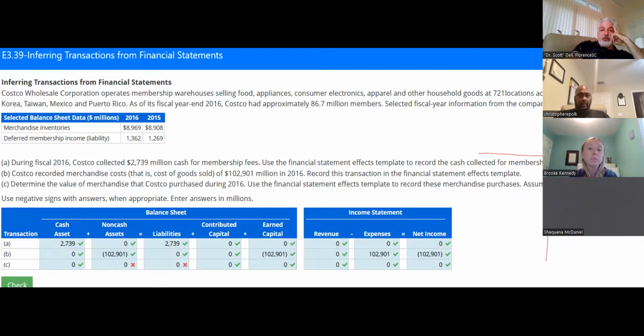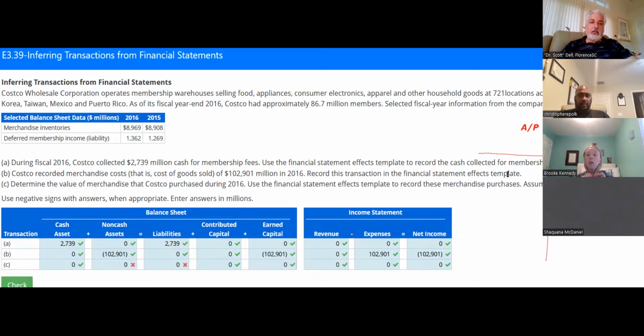The question it's asking is determine the value of merchandise purchased. Do we purchase our merchandise through payables or receivables? Payables. Accounts payable. Excellent answer. So we're going to do a T account for accounts payable.